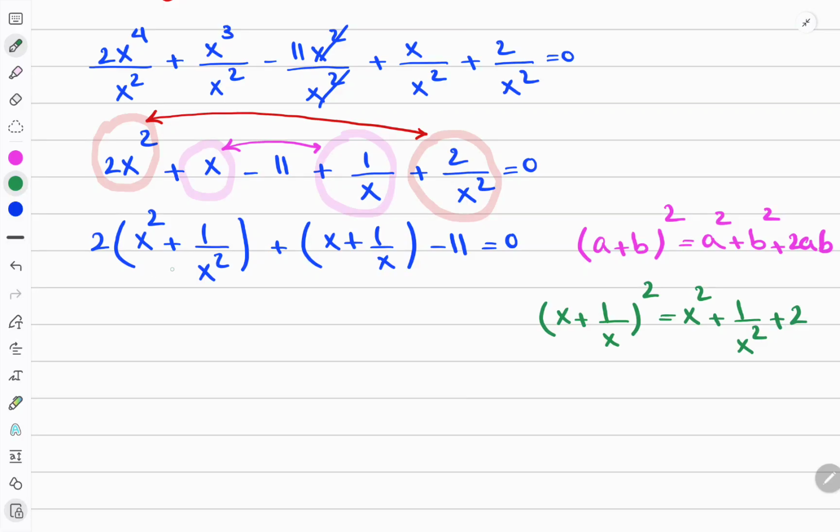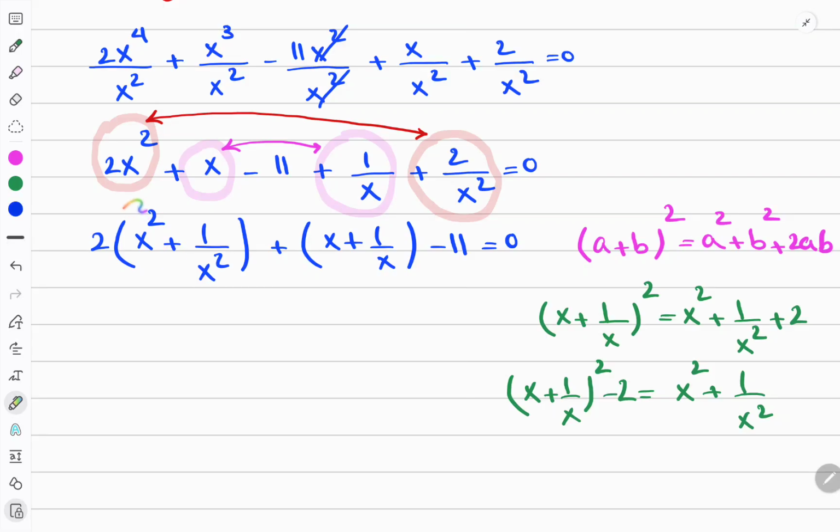Okay, so instead of x squared plus 1 over x squared in this expression, I'm gonna have, so subtract 2 from both sides, so we have this one.